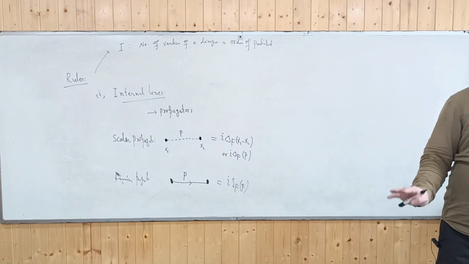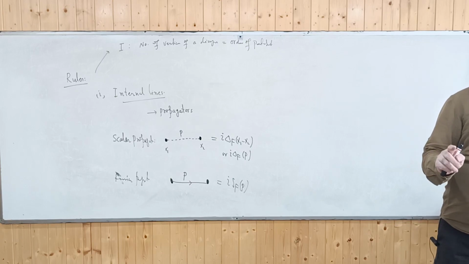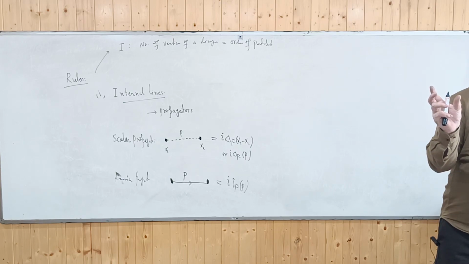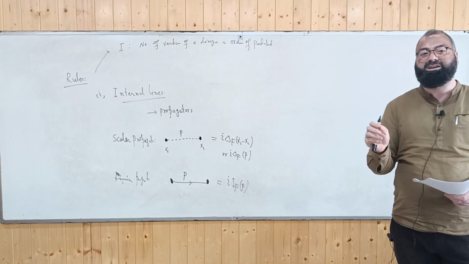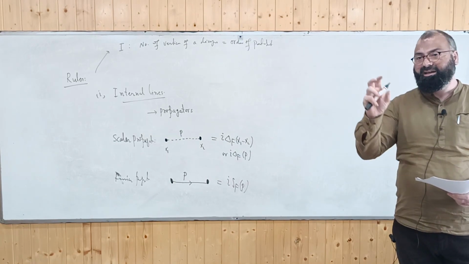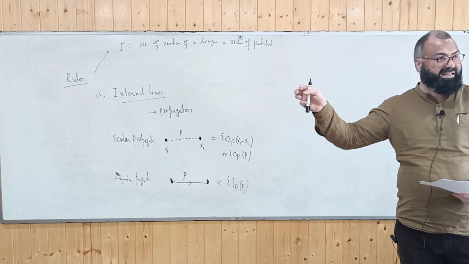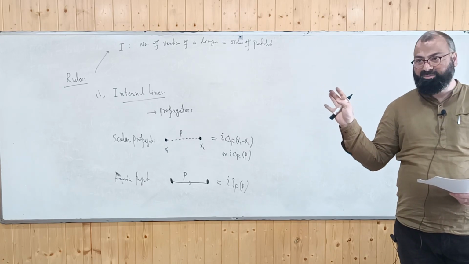The fermion field consists of two types of particles, a particle and an antiparticle. When you write the fermion propagator, it means you are annihilating a particle somewhere, it propagates in space and time, and it is getting created at another point.